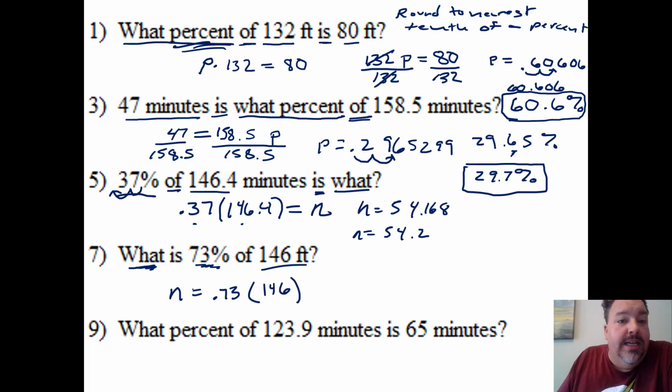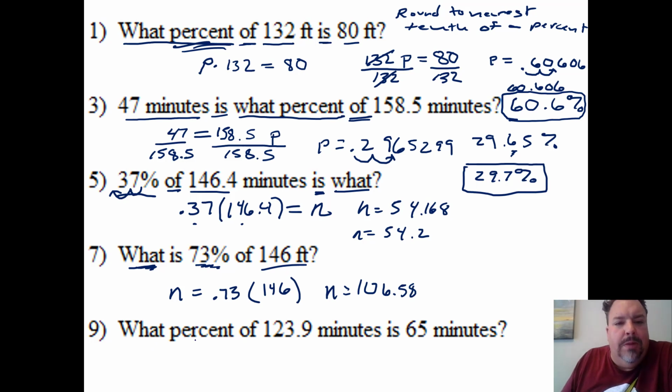And so again, we're just going to multiply 0.73 times 146 and see what we get. So 0.73 times 146. In this case, n equals 106.58.